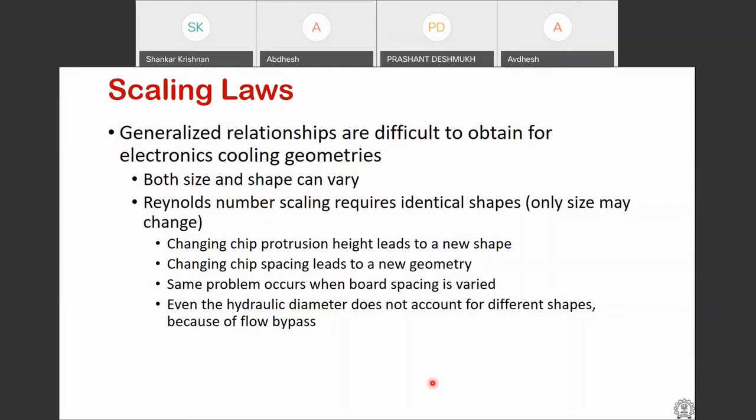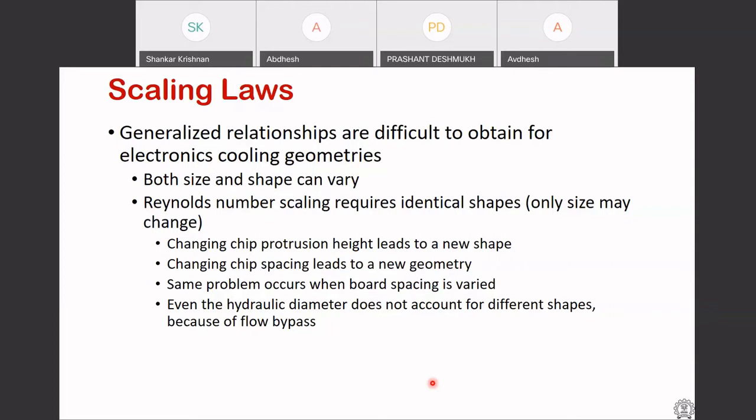Anytime you make a change of a component in the board itself, you have to redo your analysis. That is the real time spent by many of the engineers in the electronics cooling industry, where thermal solutions are sought after.